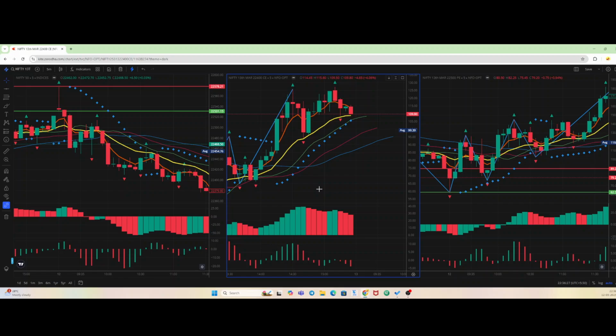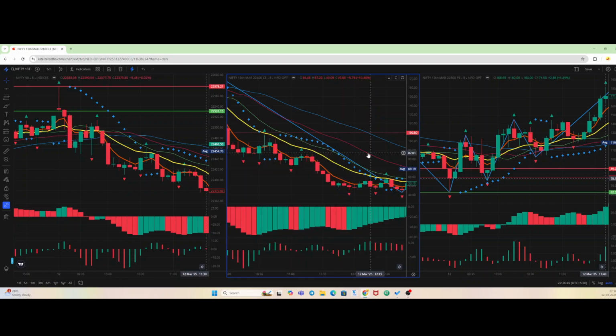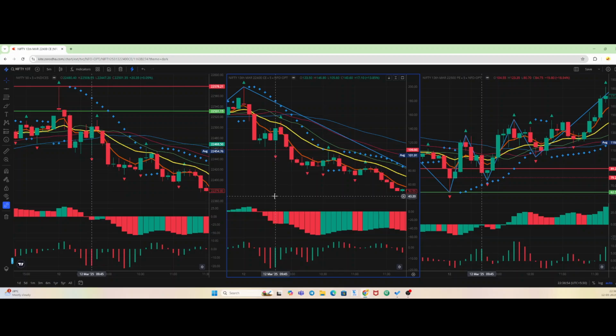You can see here we have taken the 22,400 strike. Here there is an indicator support. In this area, you can see 10.5, there is an indicator support.